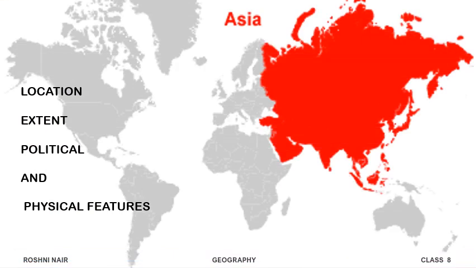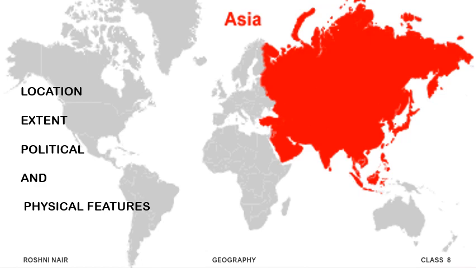Now, before going further and learning more about Asia's climate and natural vegetation, let us just recap what we studied in our previous chapter, that is Asia: location, extent, political and physical features.